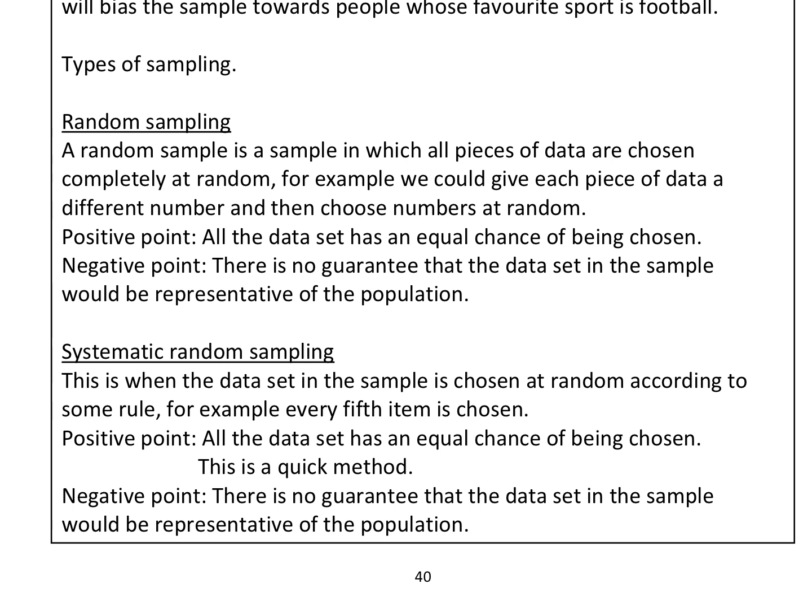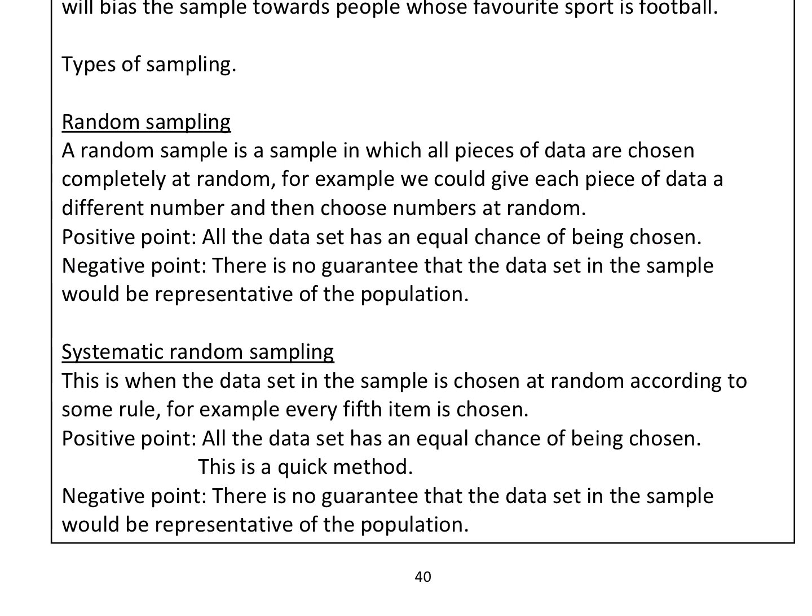So where it says all pieces are chosen completely at random, that means that each piece of data has an equal chance of being chosen. So the positive point about random sampling is that all the data set has an equal chance of being chosen. So in that regard, it's not biased.